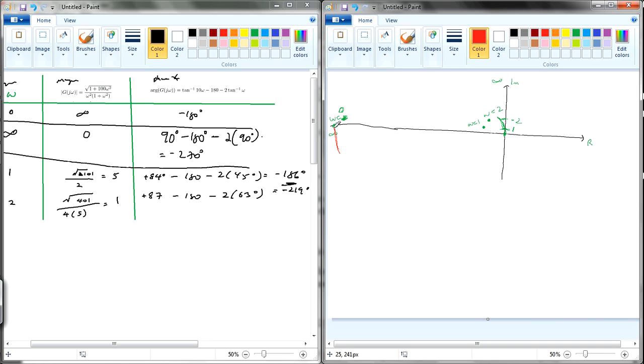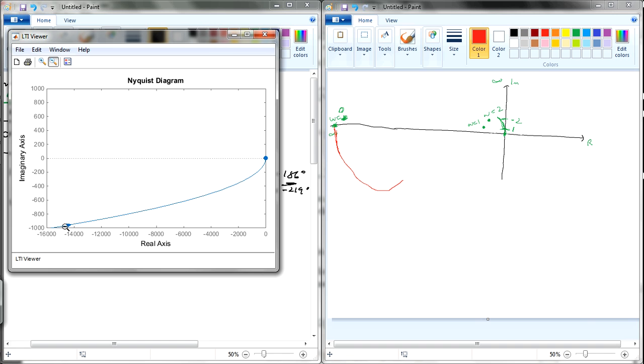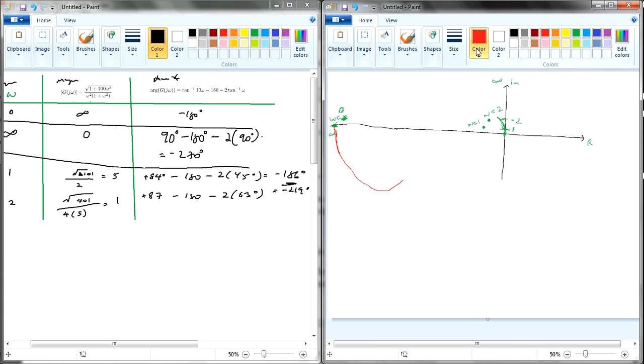It comes from all over here, and then it starts to come in, which is where the MATLAB shows, and then it goes over here and into this portion. So this is generally the root locus graph itself. As long as you can see, omega equals 1 is actually at this point.